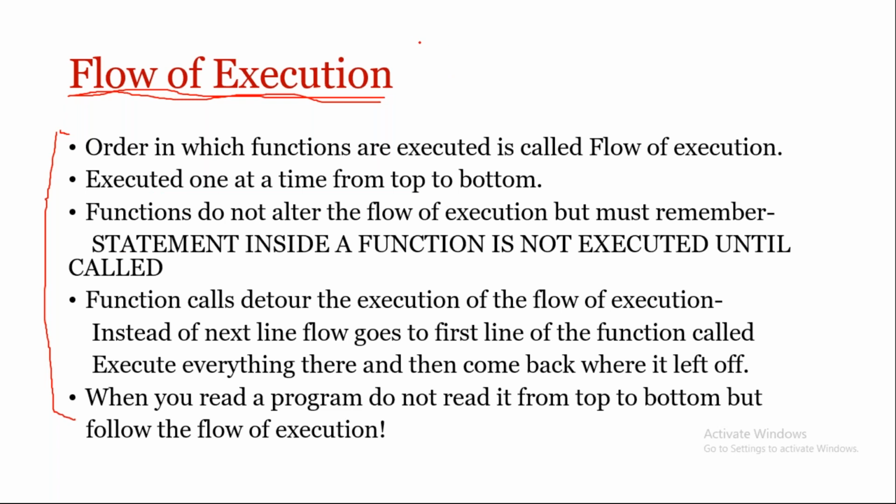So this is my first line of the code. This is my second line of the code. This is my third line of the code. Now I'm defining my function here. Suppose I have defined my function and given it the name mean.